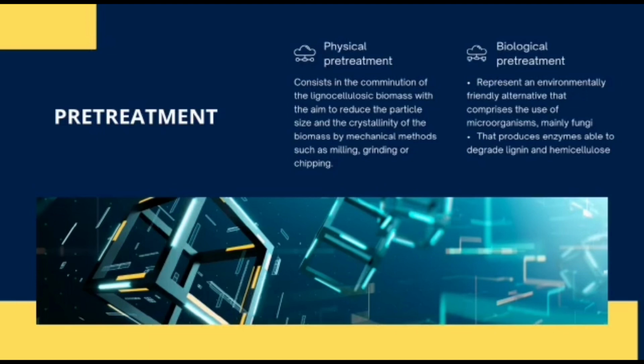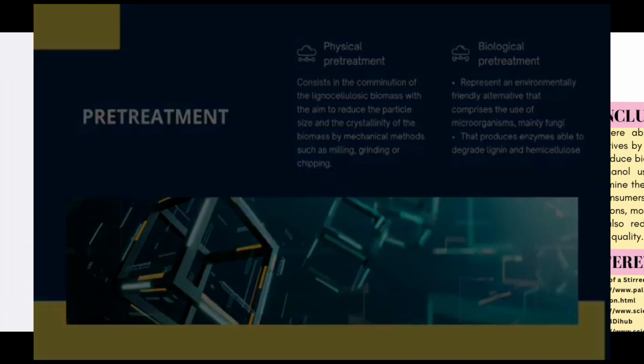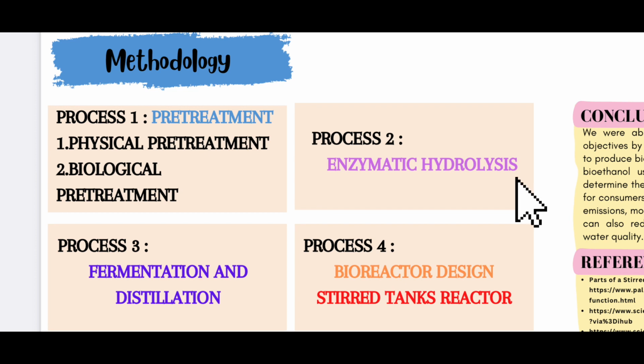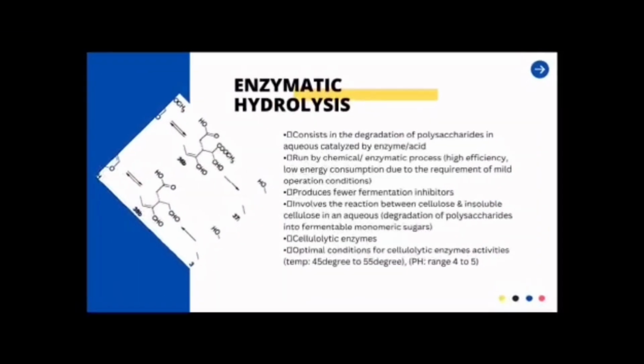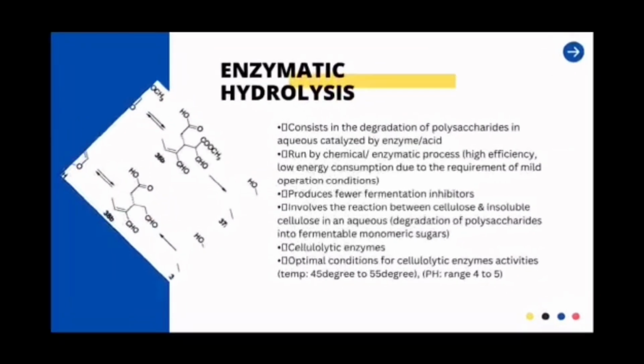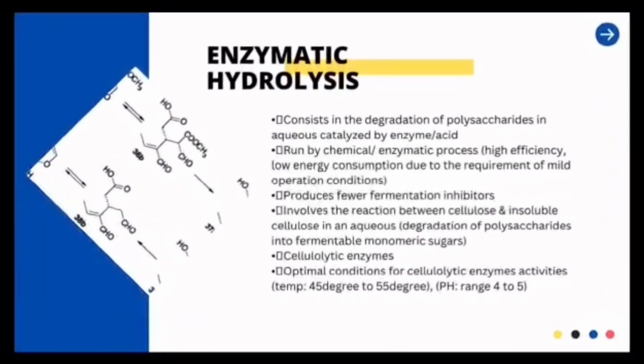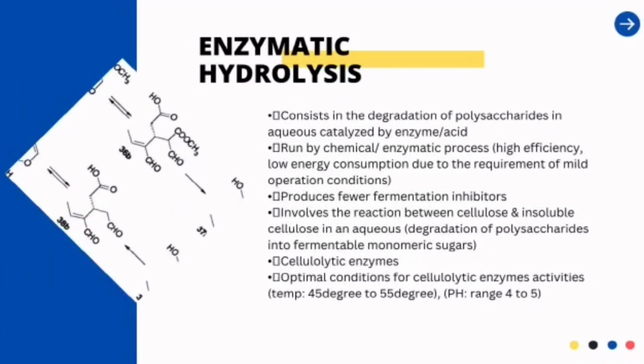Meanwhile, biological pre-treatment is an environmentally friendly alternative that combines the use of microorganisms, mainly fungi. Second is enzymatic hydrolysis, which consists of the degradation of polysaccharide in aqueous solution catalyzed by enzyme or acid, run by a chemical enzyme process with higher efficiency and low energy consumption due to the requirement of mild operation conditions.